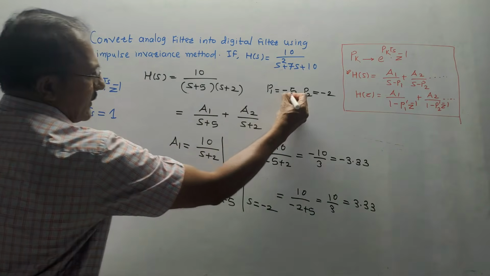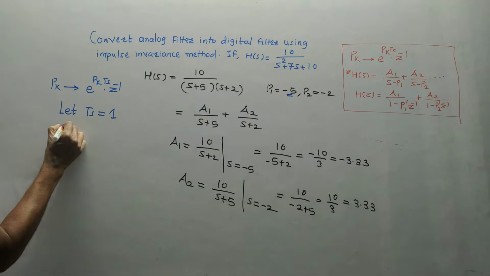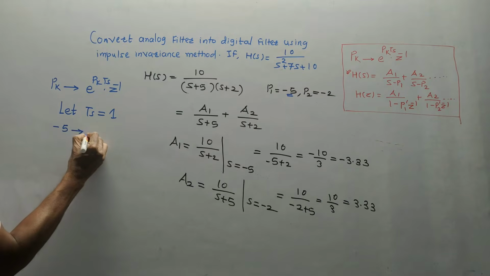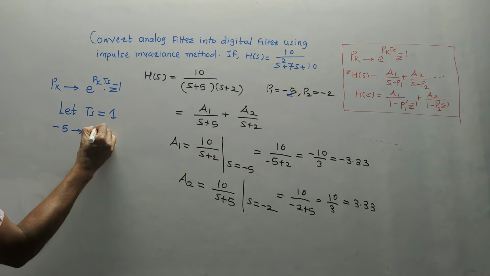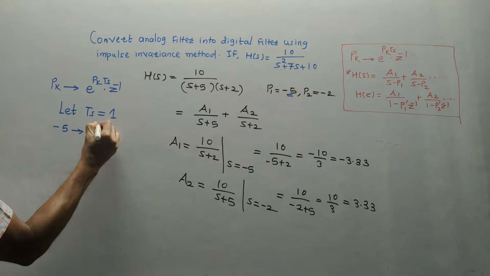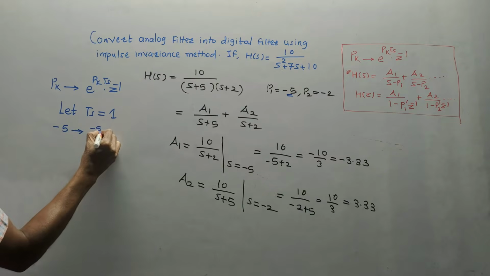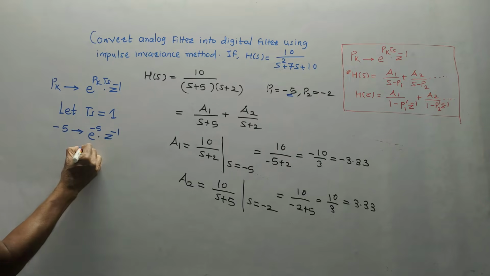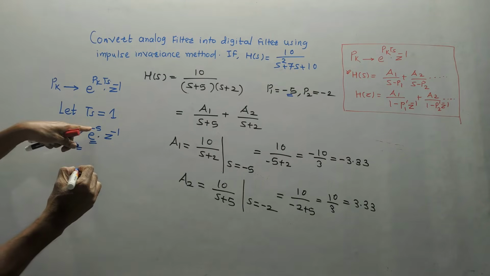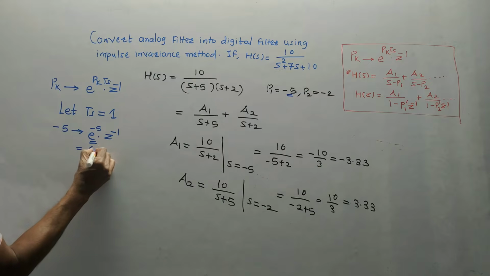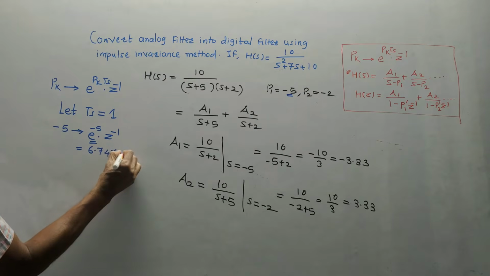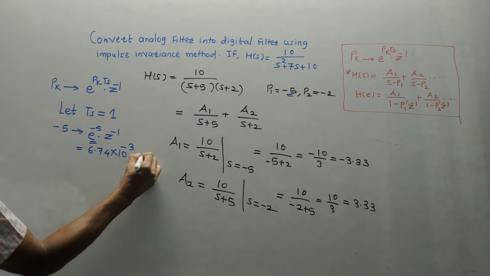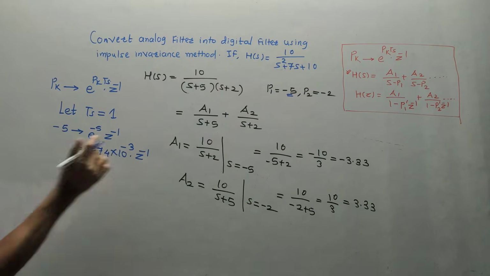So the first pole, that is minus 5, I will transform like this. Minus 5 is transformed into e raised to minus 5 into Ts. Ts is 1, so I am keeping e raised to minus 5 as it is, into z raised to minus 1. If you calculate the value of e raised to minus 5 on the calculator, it is 6.74 into 10 raised to minus 3, into z raised to minus 1, this term as it is.